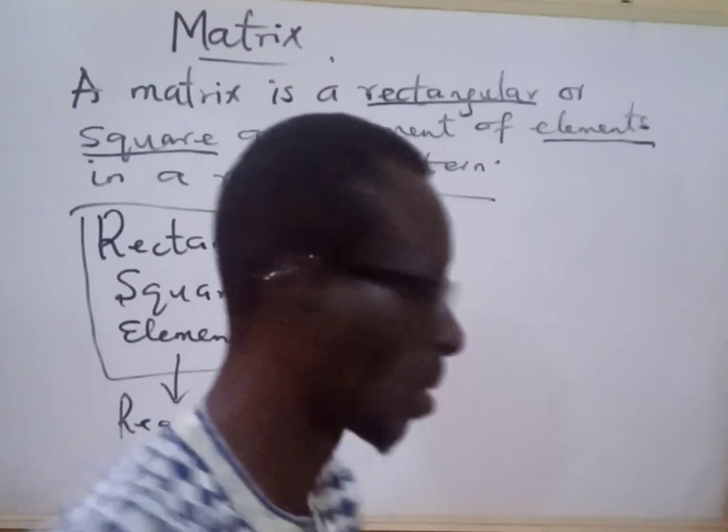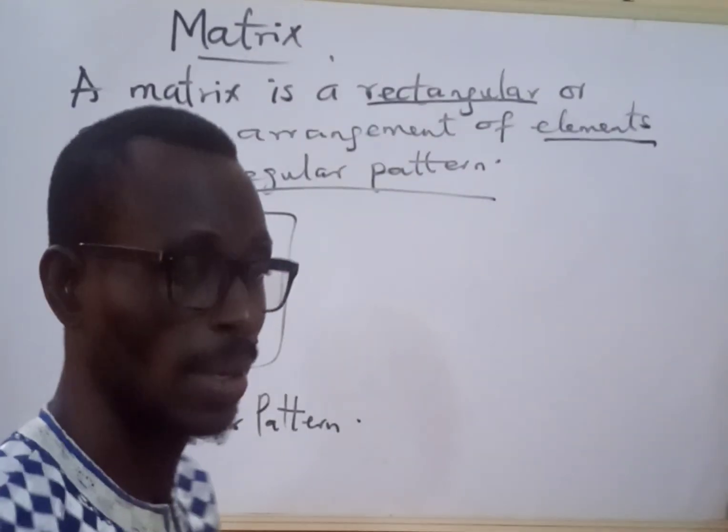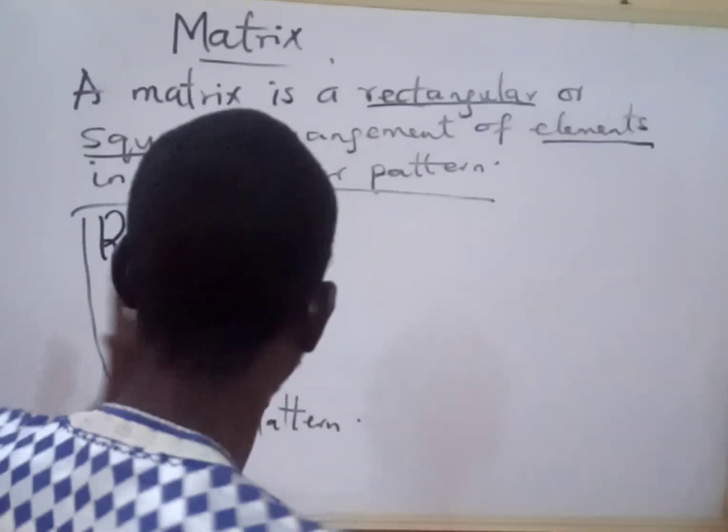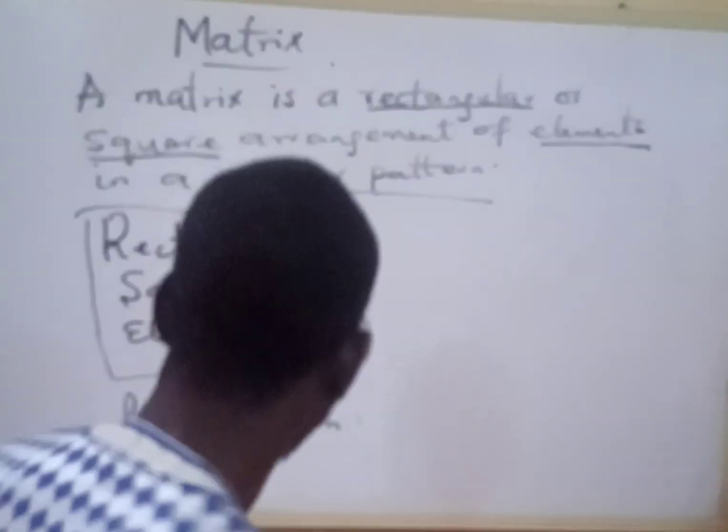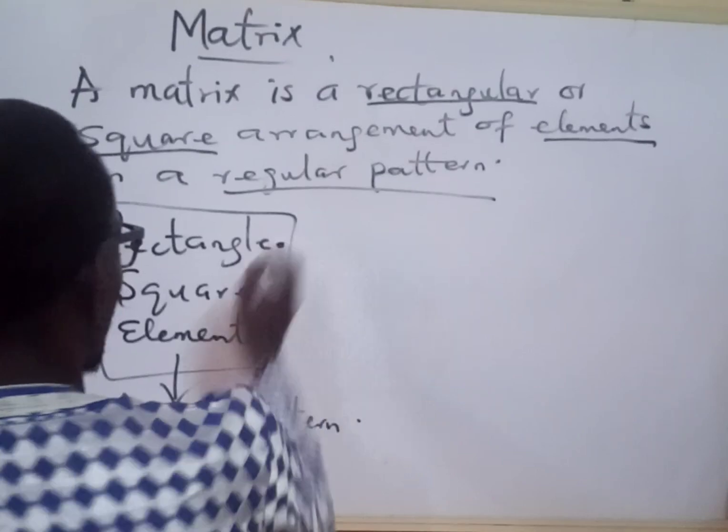We'll be looking into the components of a matrix, which we said is either a rectangular or a square. Now, this is the first thing we're looking into.